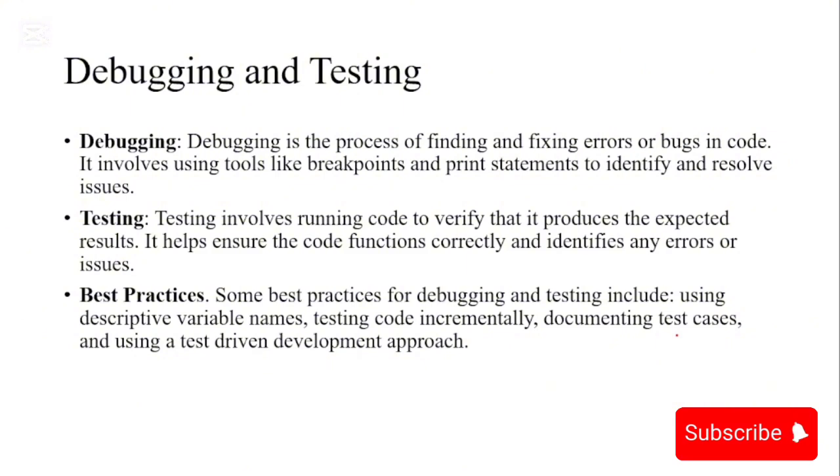If I've written, assuming, 5 lines of code, I need to debug this code to see if there is any error in it. That is the process we refer to as debugging. Debugging is the process of finding and fixing errors or bugs in code.